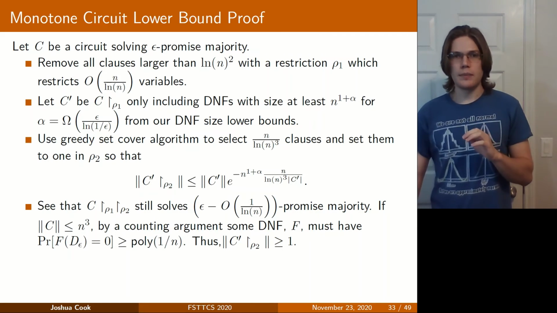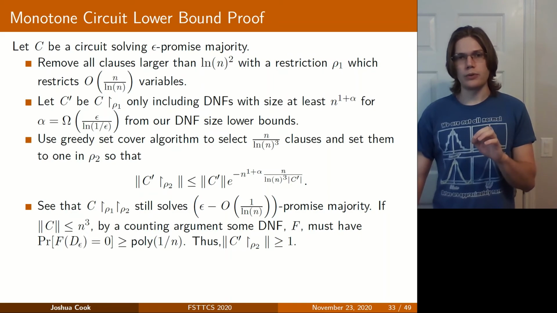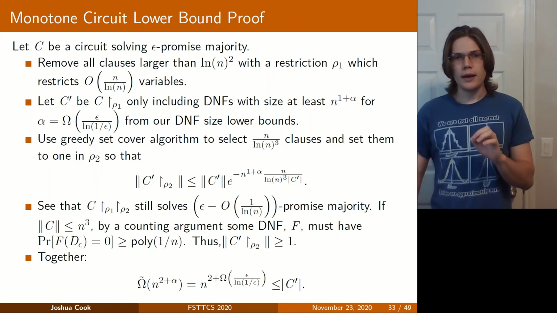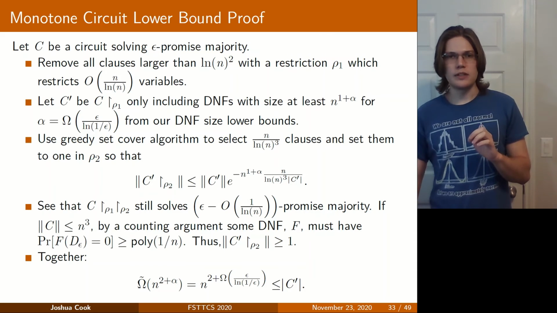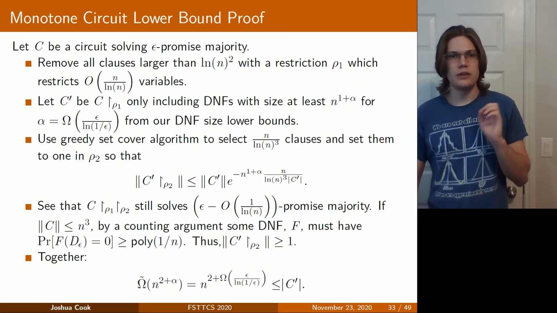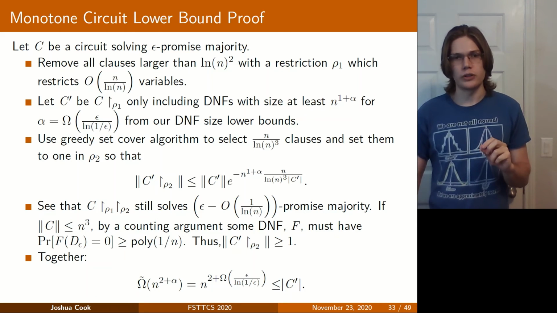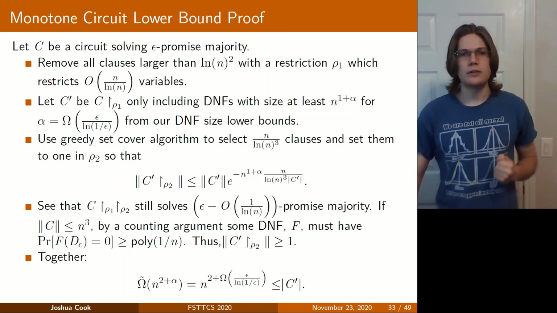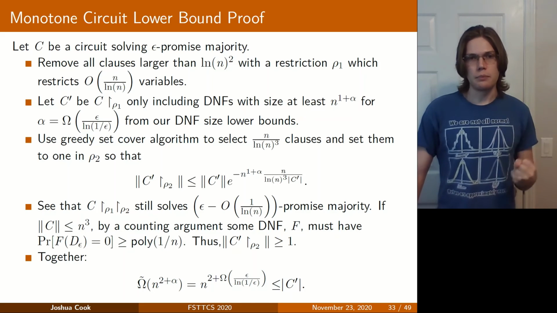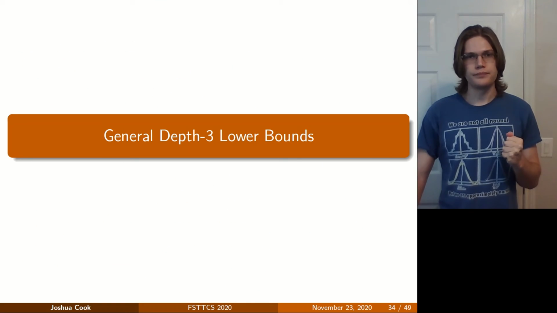So C prime after we restrict by rho 2 is going to be greater than 1, and then in order for this inequality to hold, we need to have C prime to be big enough to overwhelm the n to the 2 plus alpha factor on the top. So we have to have greater than quadratic number of clauses in our circuit.